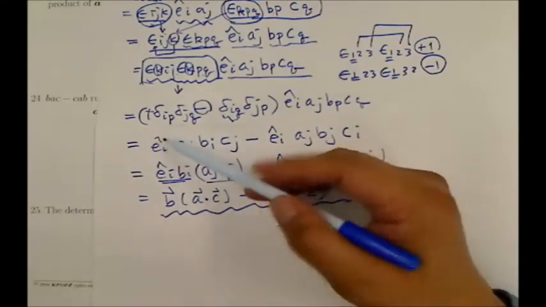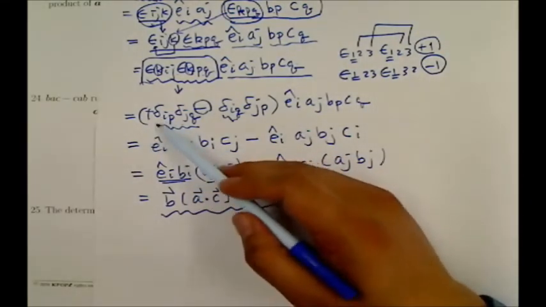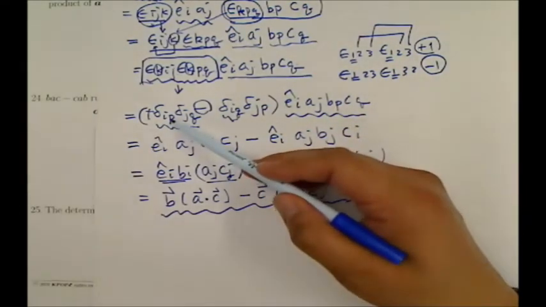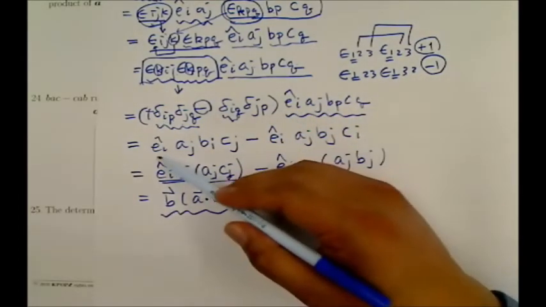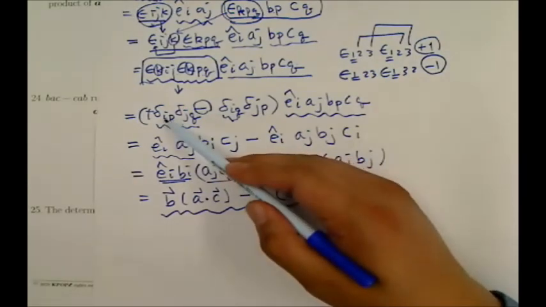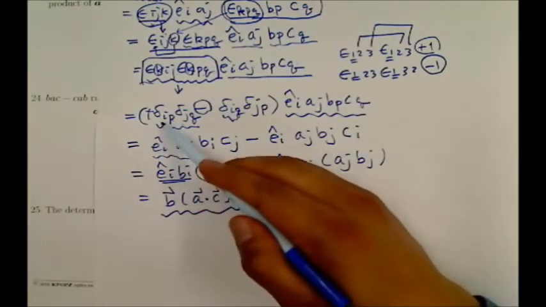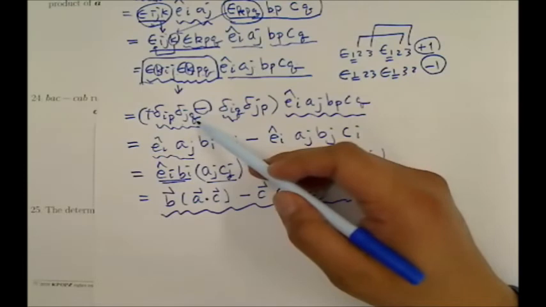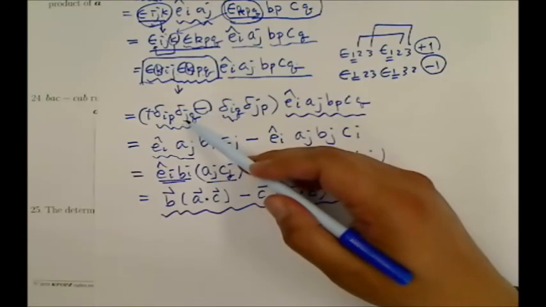Now, let us multiply this first vector to the right side. Once delta ip is multiplied in here, I can replace p with i. I just copy e_i, a_j in here, and with the delta ip, I can replace the index p with i. So b_p is now replaced with b_i. And then delta jq replaces the index q with the index j.